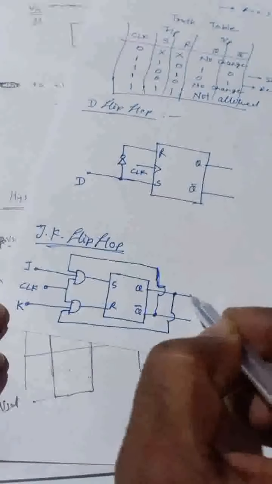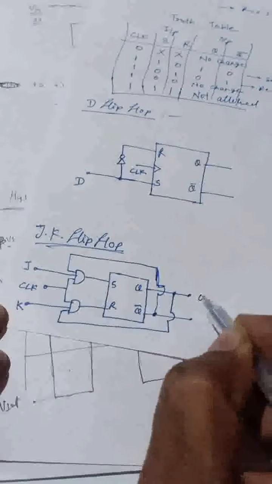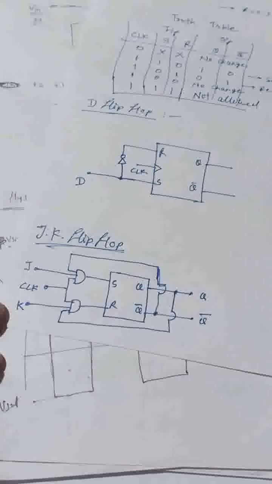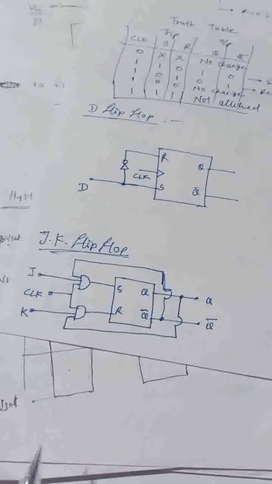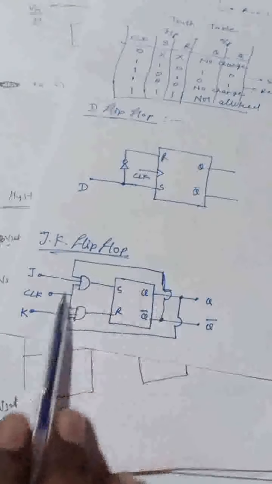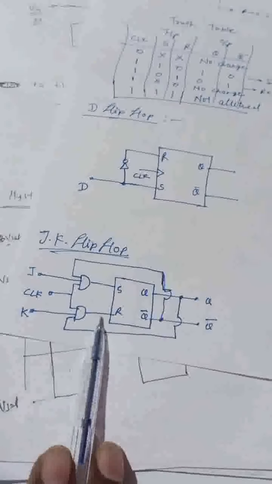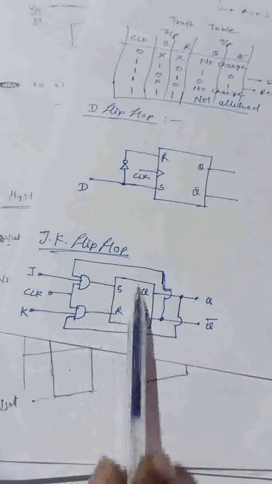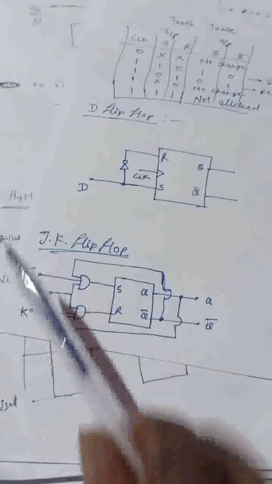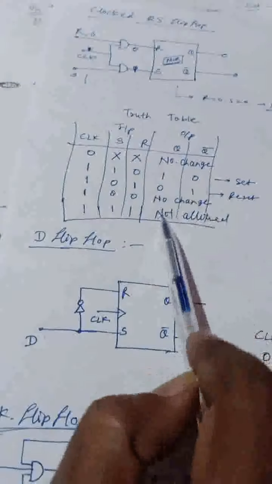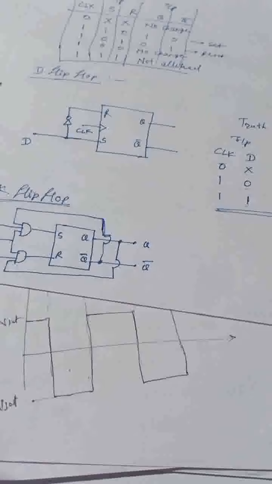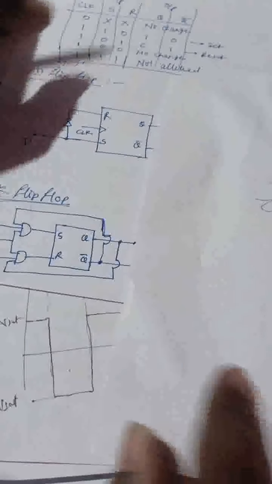So now this is the final Q output and this is the Q bar output. This is the diagram of the JK flip-flop. We are making this adjustment so that we avoid the not allowed condition. Let us see the truth table.